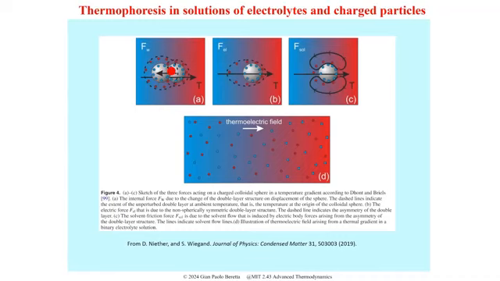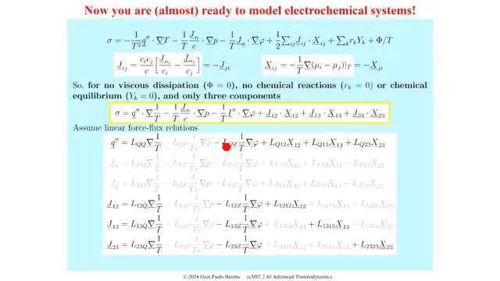And these effects are things that happen, for example, at electrodes in a fuel cell or an electrolytic device, or simply you have a thermoelectric effect coupled to diffusion. So electrochemical systems belong to this kind of class.